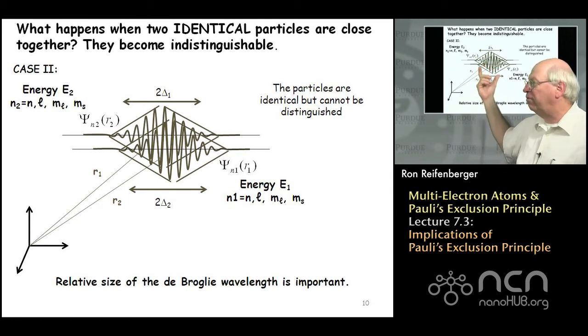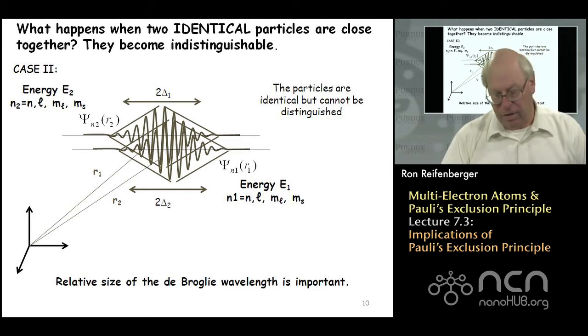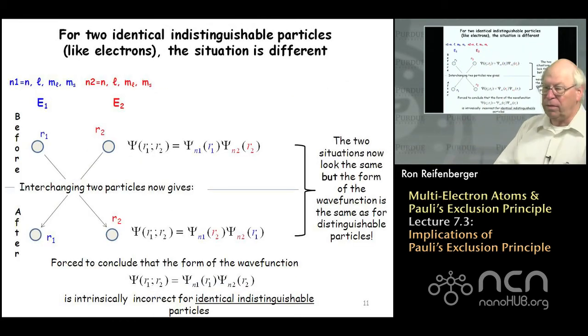There's no way we can follow the motion of the first electron with respect to the second electron, because everything is intermixed, one with respect to the other. So this is referred to as the case of indistinguishable particles. And what happens is, if I go through a simple thought experiment like I did before, I now have two particles.